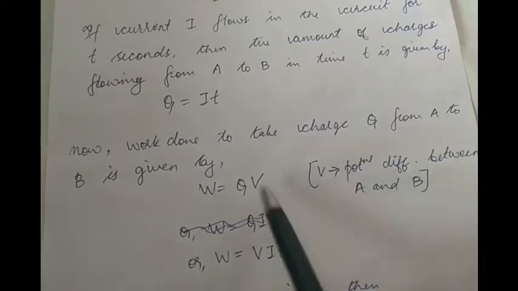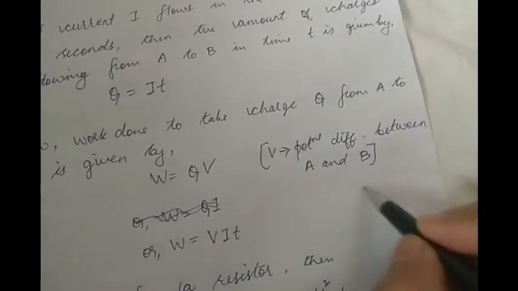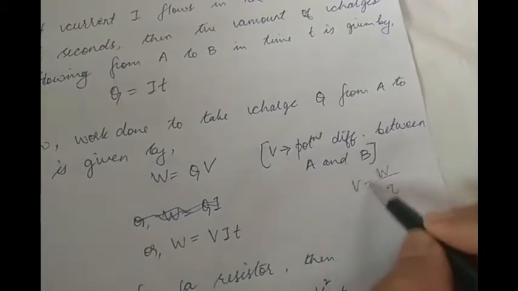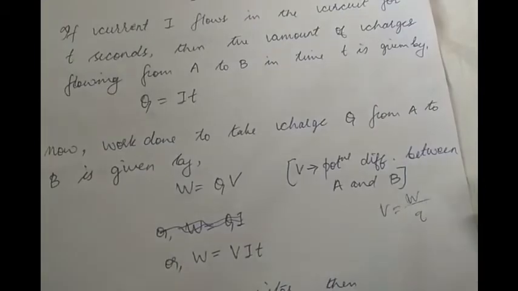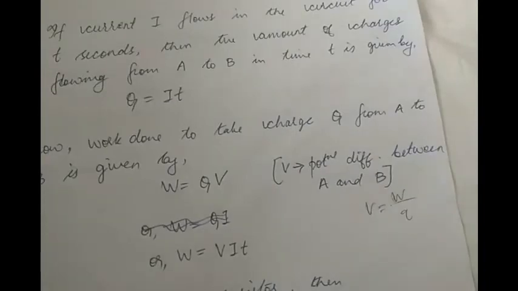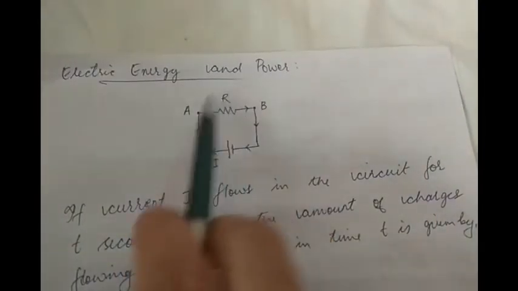Because we know from the definition of potential, potential is work per unit charge. I don't think I need to go on explaining this. So from here we get work is charge into potential difference. You know potential and potential difference are one and the same thing. V is the potential difference between point A and B, that is across this resistor.